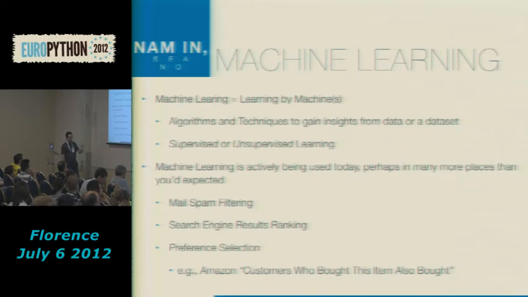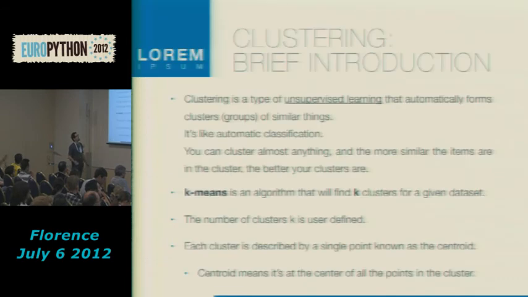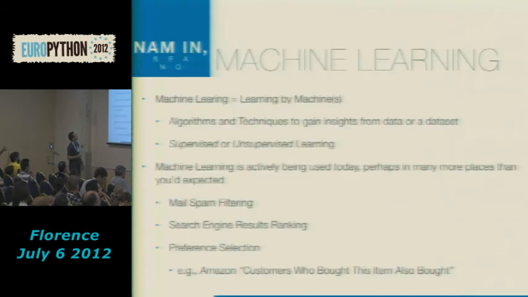The learning part of machine learning is usually divided into two different categories. We talk about supervised or unsupervised learning, and one of the most famous examples of unsupervised learning is clustering, which is the example we will see in the next slide.